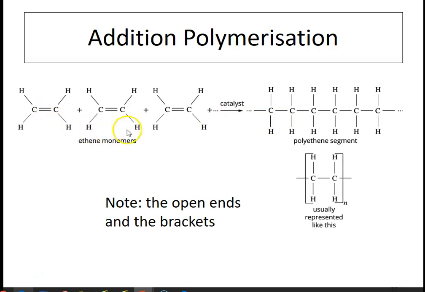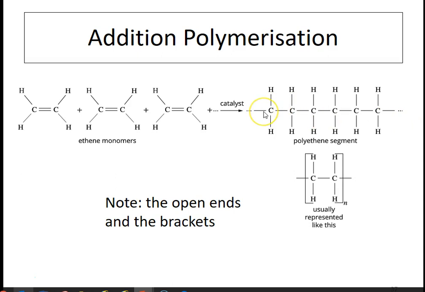These are ethene monomers. If you put them together, you make polyethene, polythene. Instead of writing however many, because this will go on and on and on, because you'll just keep adding monomers. Polythene is glad wrap, so you can make molecules as long as you like.